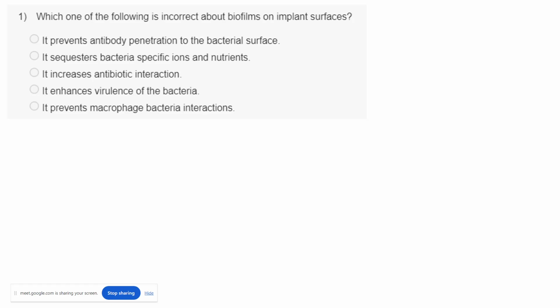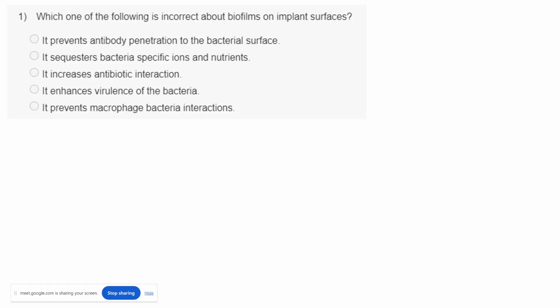Anybody else would like to answer? Which of these is incorrect about biofilms on implant surfaces? Okay, third option is correct.